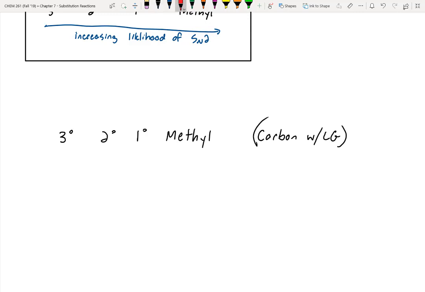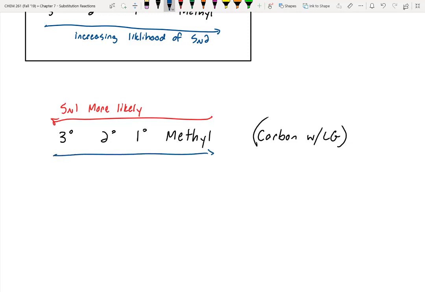All right, so as we go this way, which one's more likely, SN1 or SN2? Okay, so SN1 is more likely. Conversely, if we go the opposite direction, that means that SN2 is more likely. We can make some quick assumptions, right?